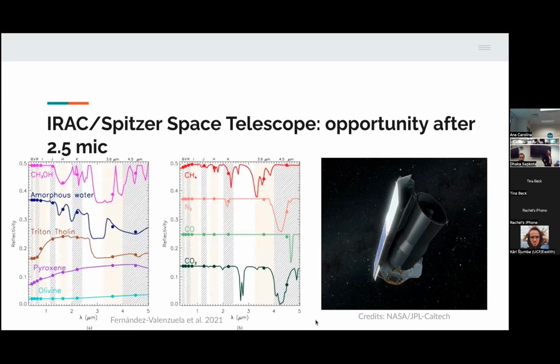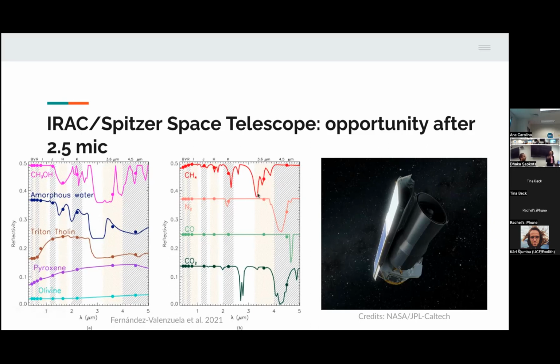So we used a synthetic spectrum of the materials that are supposed to be in the trans-Neptunian region, and these dots are the convolution of the filter. For example, here in methanol ice, at 3.6 it has a deeper absorption band. In the synthetic spectrum, it reflects in a low flux in relation to channel 2, 4.5. Water has the opposite behavior.